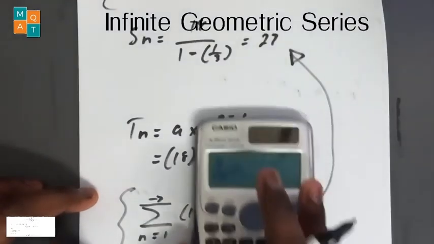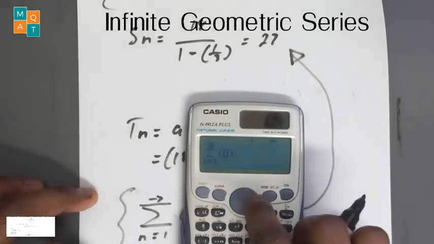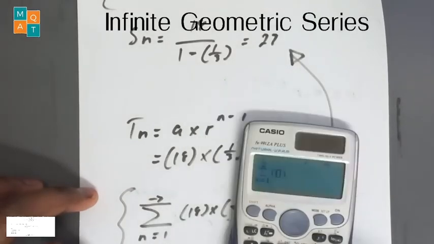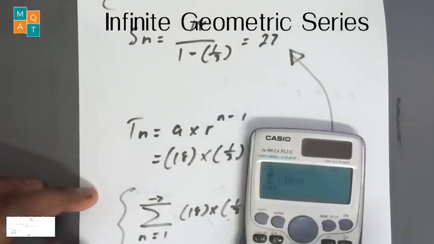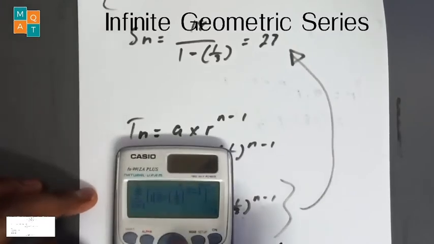We're going to have a series from 1 up till 2, which is 18 multiplied by 1 over 3. Don't forget, this calculator doesn't have n, so we put x rather, minus 1. If we do that, going from the second to the third one, we find that the sum is actually 24. That's interesting.